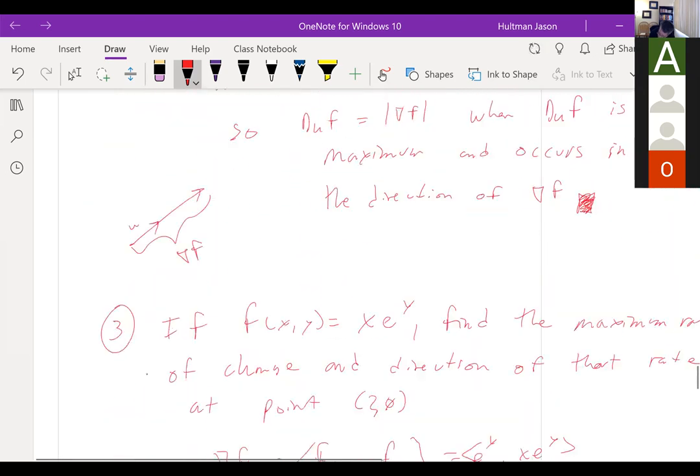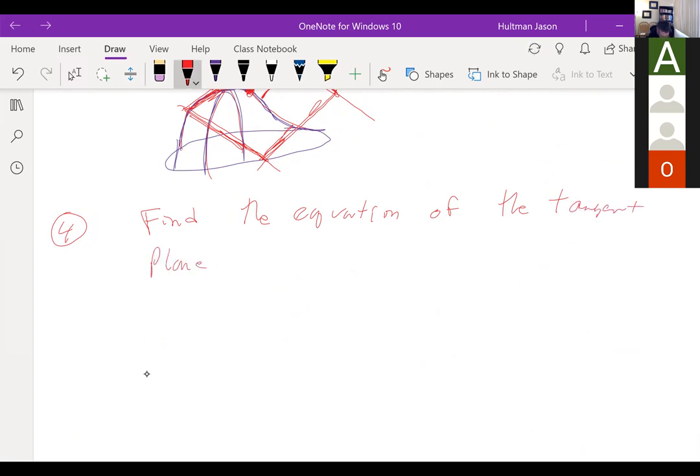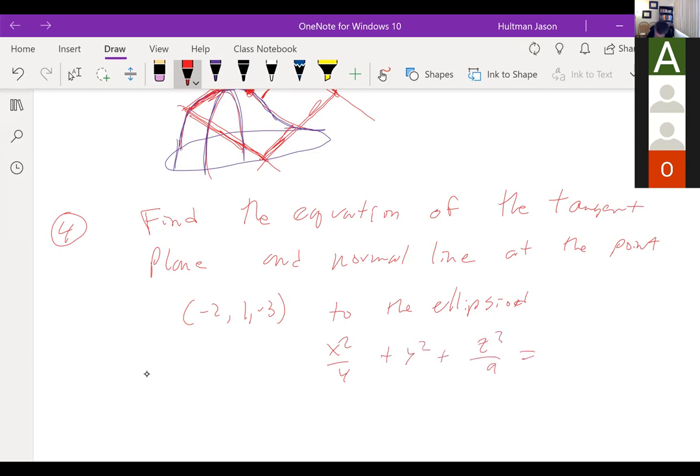Okay, so find the equation of the tangent plane and normal line at the point (-2, 1, -3) to the ellipsoid x squared over 4 plus y squared plus z squared over 9 equals 2.